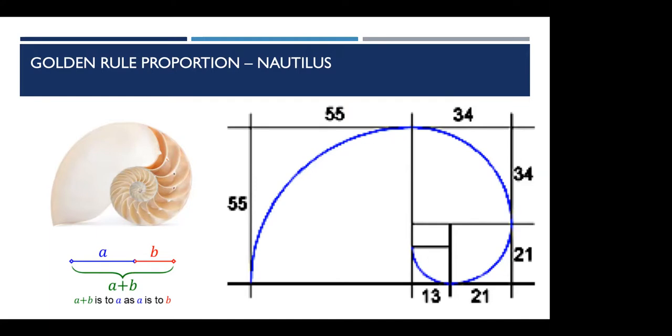Among the internal of the house, one of the important things is what we call the golden rule proportion. The golden rule proportion derived from the Nautilus snake, the one on your left. It is actually, if we take AB together, B is 1/3 of the whole thing, and A is 2/3 of the whole line.